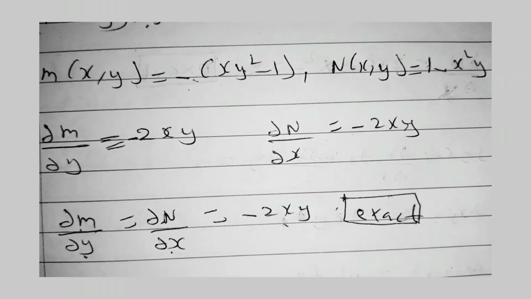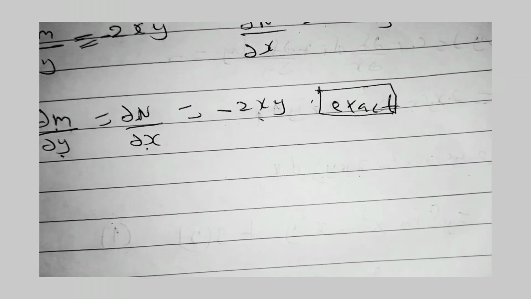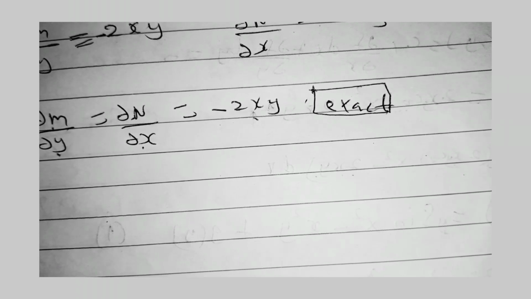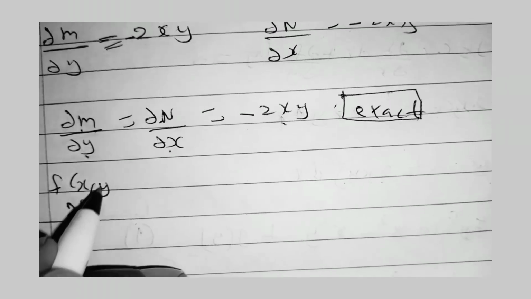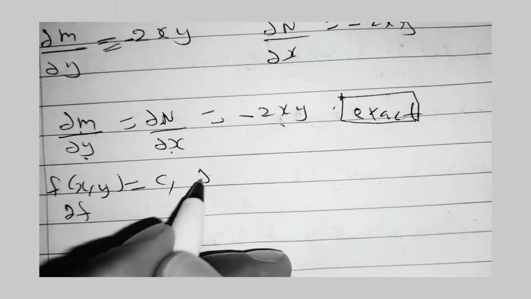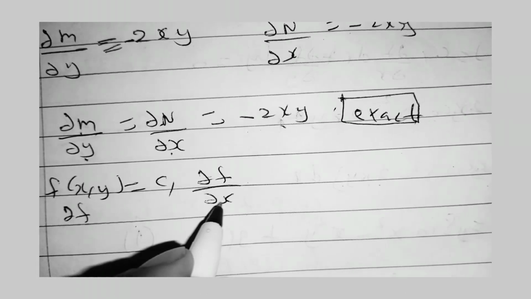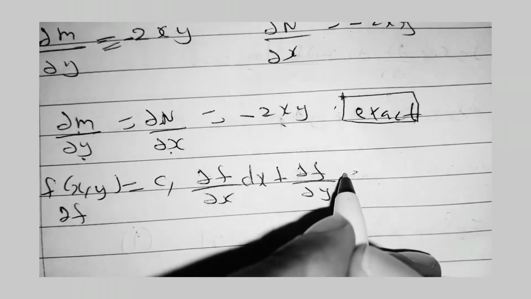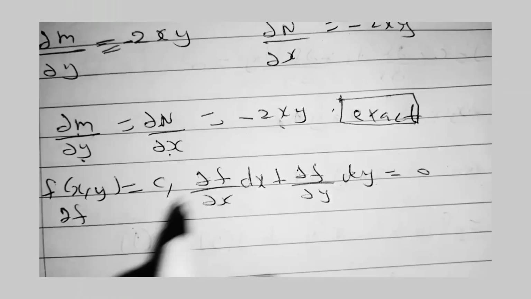So if your equation is exact, then you employ the following method to solve it. You let f of x, y be equal to c, and partial of f with respect to x dx plus partial of f with respect to y dy is equal to 0.